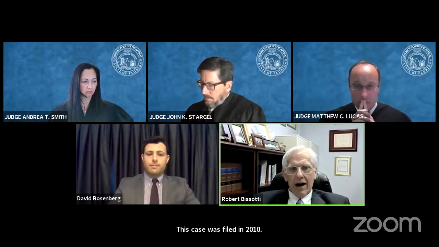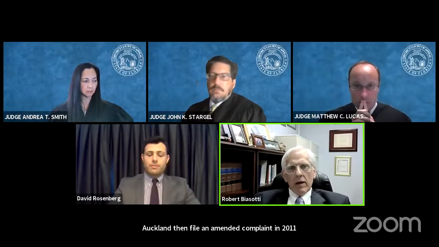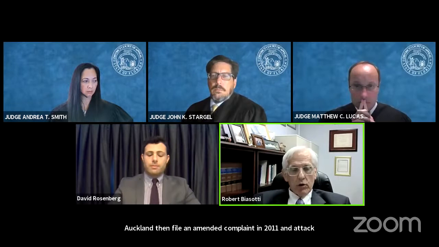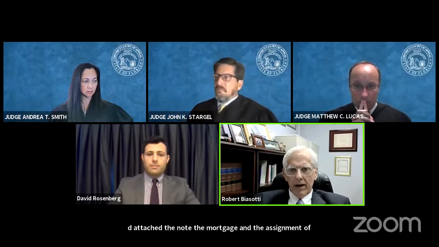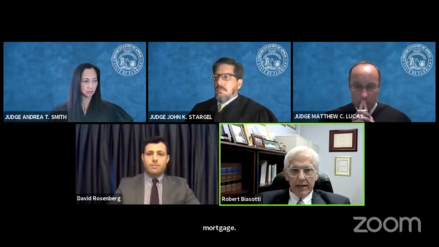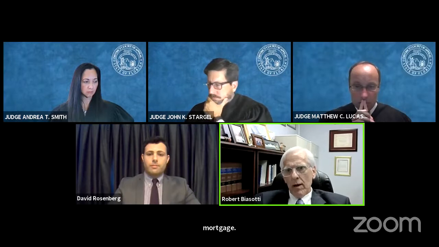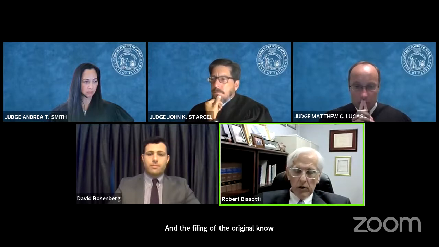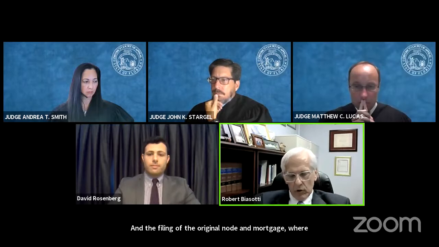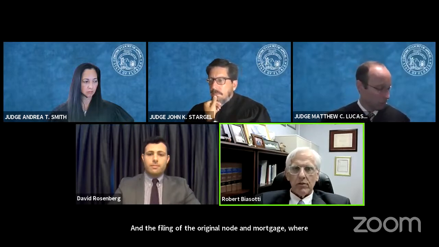Ocwen then filed an amended complaint in 2011 and attached the note, the mortgage, and the assignment of mortgage, which showed that Ocwen didn't have standing when it filed the complaint. Between the filing of the complaint and the filing of the original note and mortgage, the note was not endorsed in blank, but it was endorsed to Ocwen.